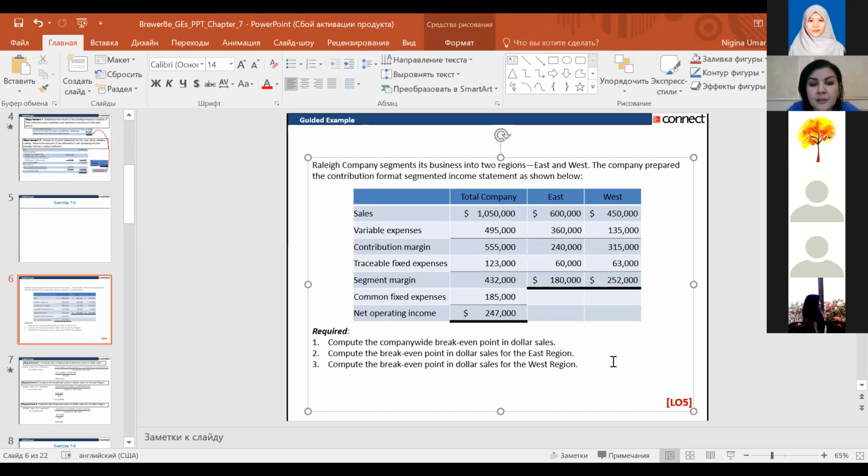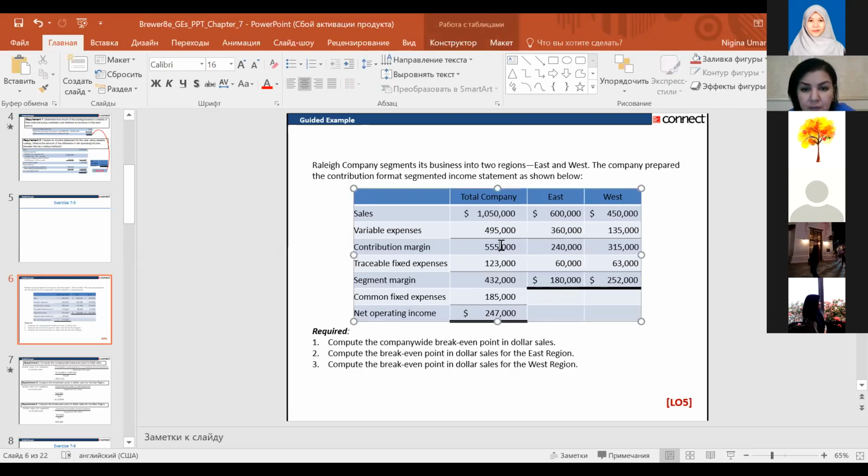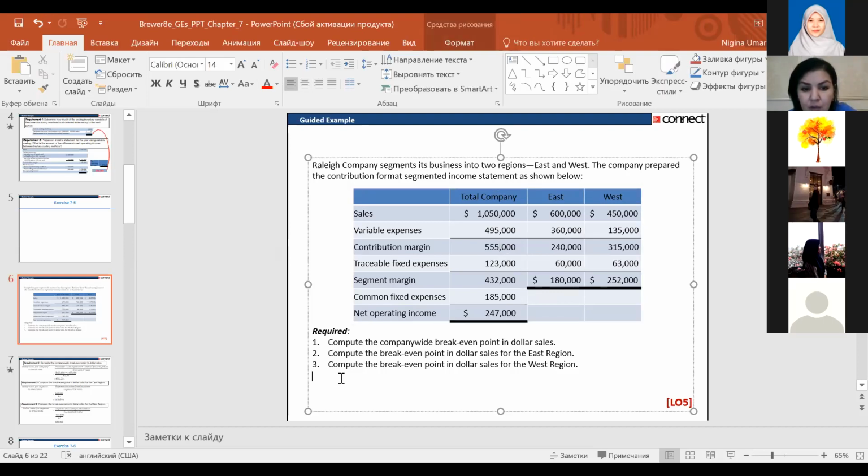When we are asked for dollar sales, we need total fixed cost divided by contribution margin ratio, right? So what is the total contribution margin ratio? Let's compute this for the company.